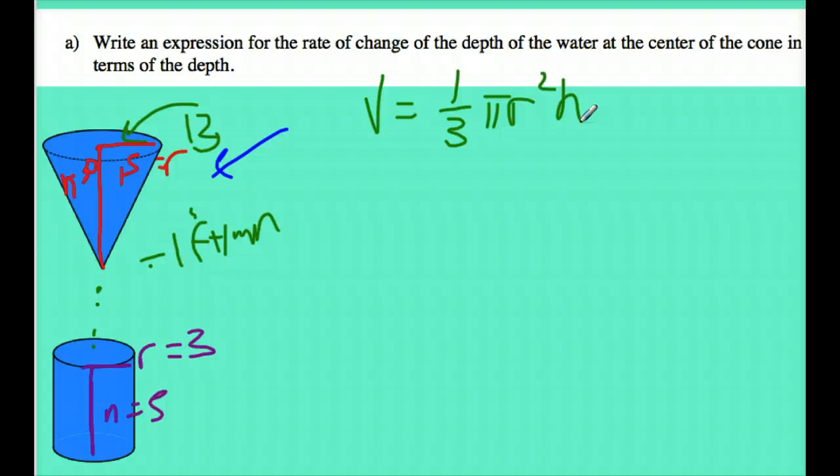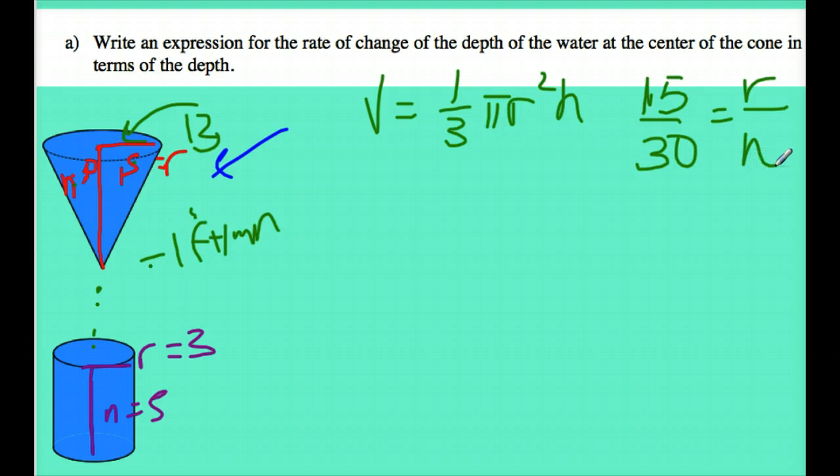The nice thing about this is I could use ratios to work out these different numbers. So I'm going to create a ratio up here that the radius is 15 and the height is 30. Let's cross multiply and I get 15h is equal to 30r.